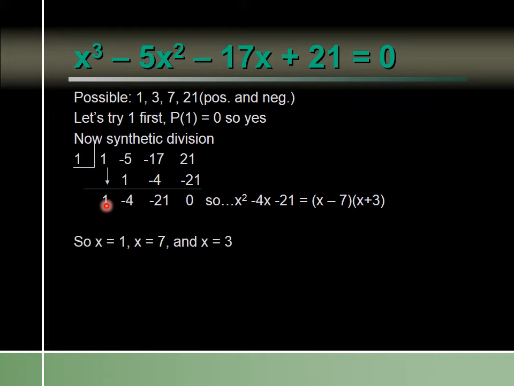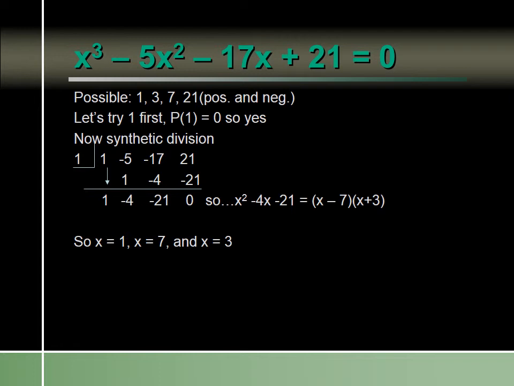So we have x squared minus 4x minus 21. That's a quadratic, so we can factor that. You can use the reverse box method, whatever method you want, but when you factor x squared minus 4x minus 21, you get x minus 7 times x plus 3.